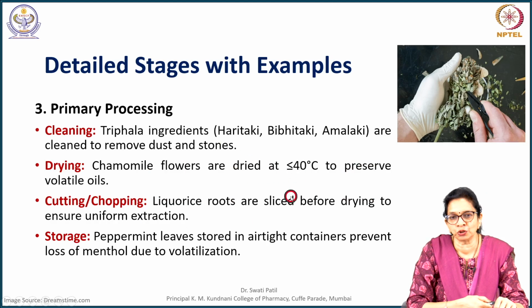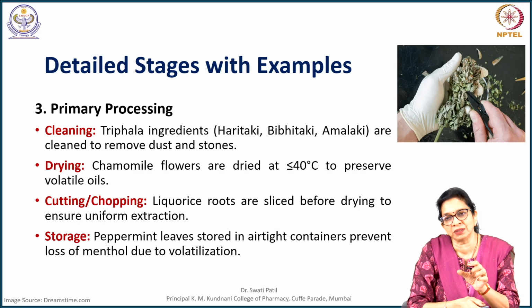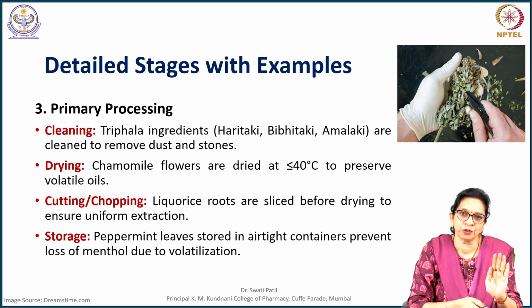Cutting and chopping, for example, licorice roots and other rhizomes are sliced before drying to ensure uniform extraction and uniform drying. Roots like aconite and rhubarb are chopped and cut into bigger pieces, which ensures uniform drying and also exposure to more surface area when they are extracted.